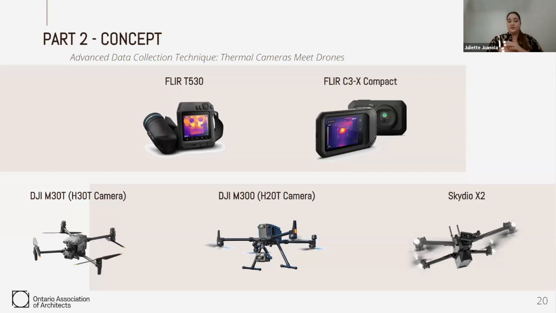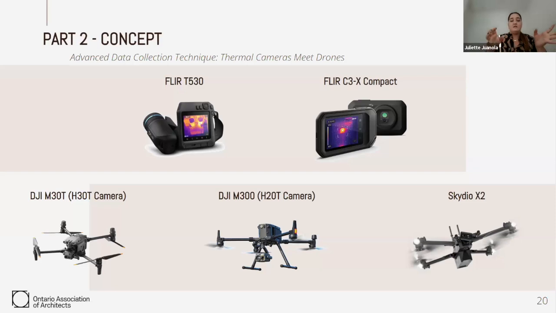But it is interesting to know that these cameras can also be installed on drones. Here the main actor on the market will be DJI. There are other companies that are coming in, such as Kaideo.